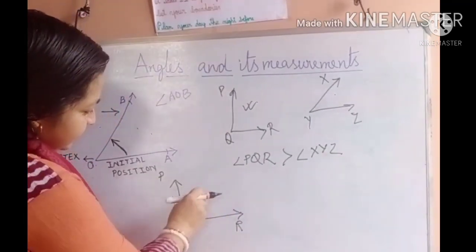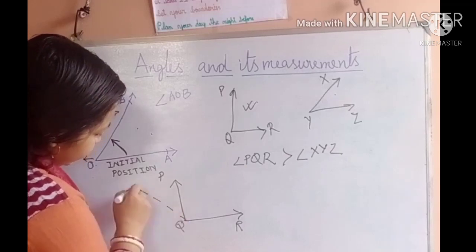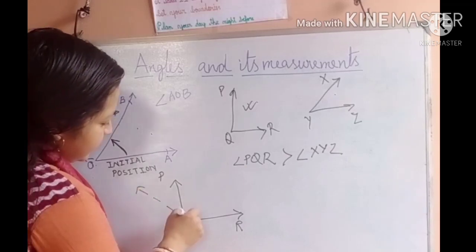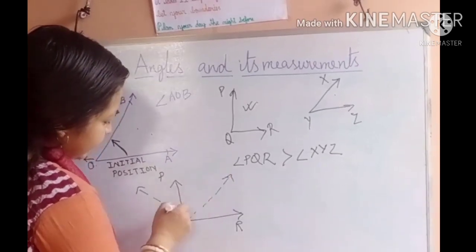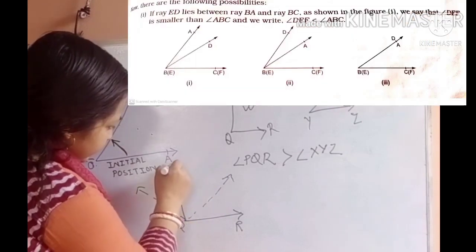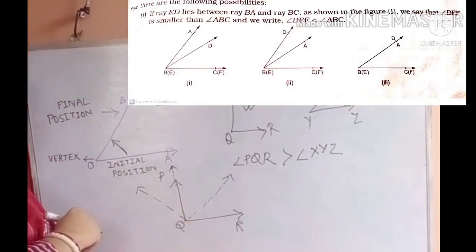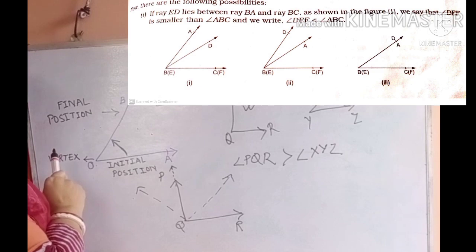Now this angle can be either here, or here, or maybe somewhere near here. So three cases are arising. If the angle on the tracing paper lies over here, that means the angle of the tracing paper is bigger.